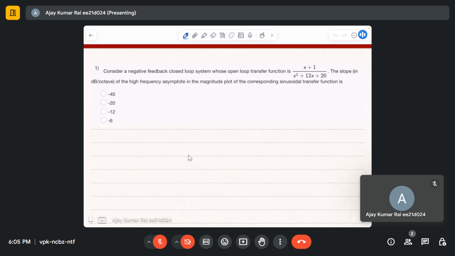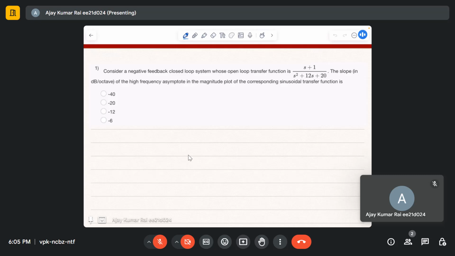Consider a negative feedback closed loop system whose open loop transfer function is this. The slope in dB per octave of the high frequency asymptote in the magnitude plot of the corresponding sinusoidal transfer function is. For the corresponding open loop transfer function, first we have to plot the Bode plot and see the slope of the high frequency asymptote in the magnitude plot.